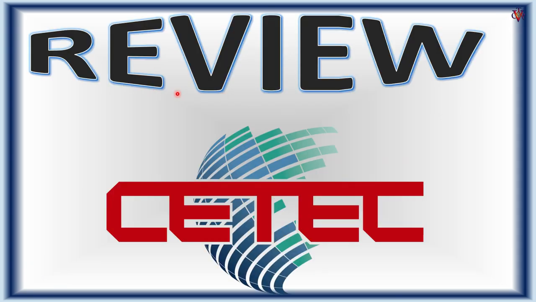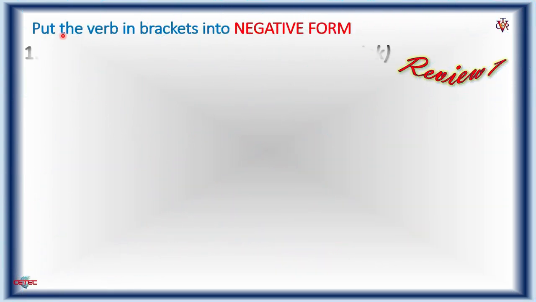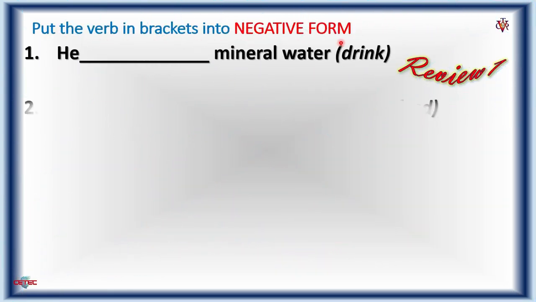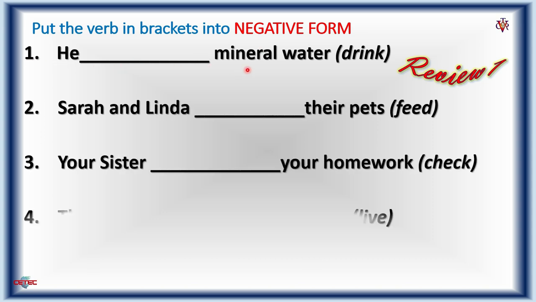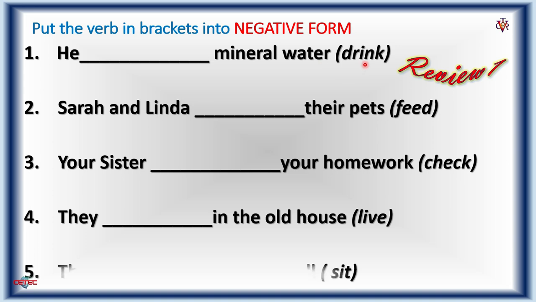Now let's check this review. Put the verbs in brackets into negative form. Number 1. He, mineral water, drink. Sarah and Linda, their pets, feed.